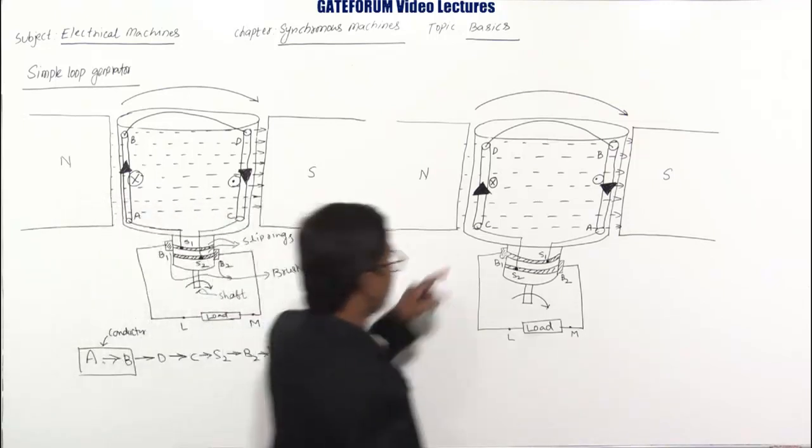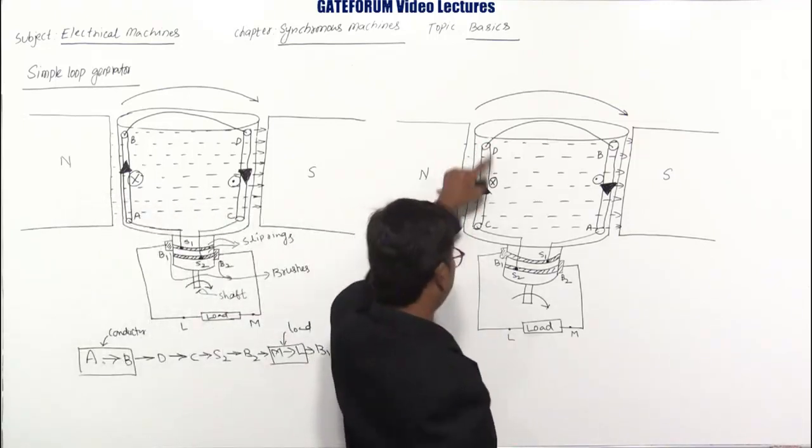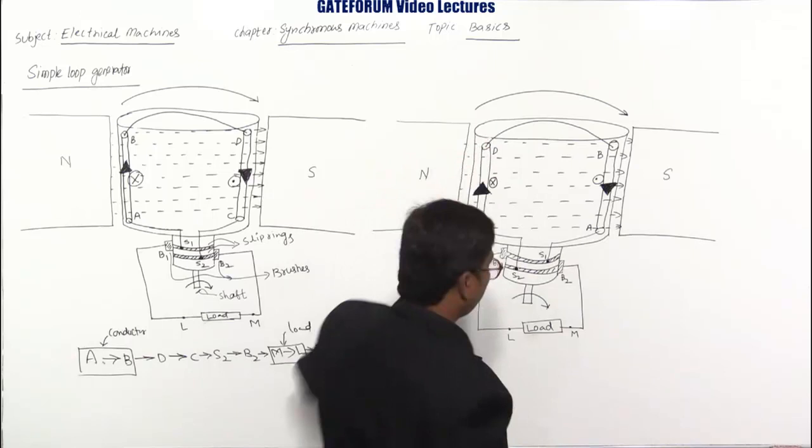So the current starts from C to D. In the conductor CD, it is flowing from C to D. Let me write the path.